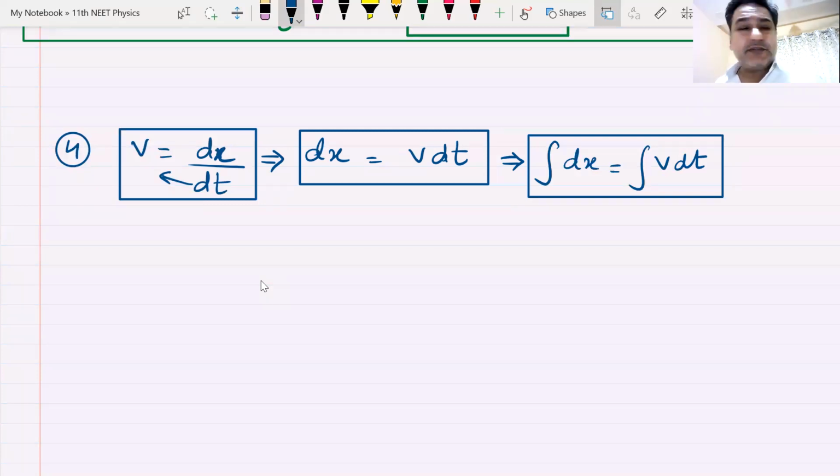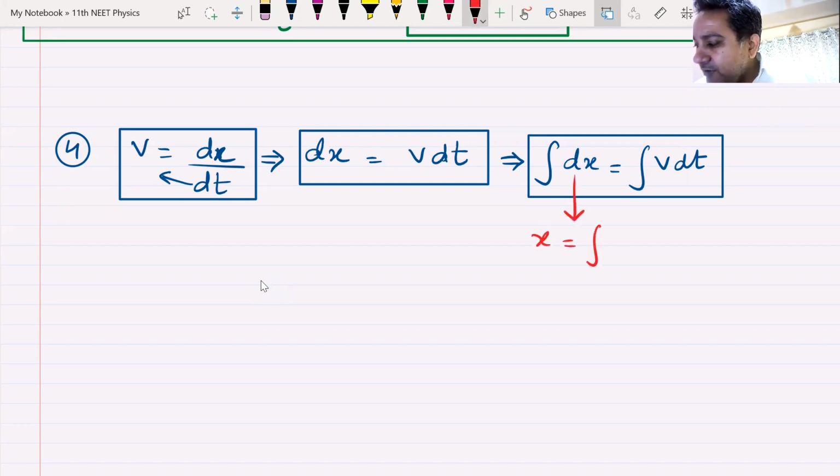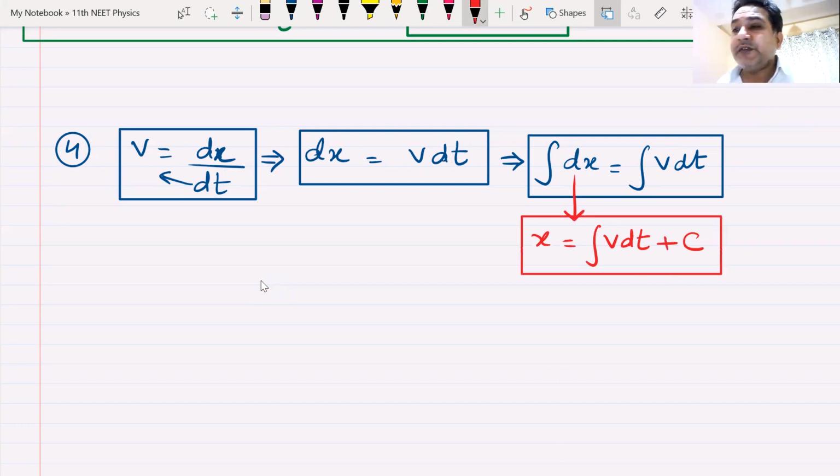When I integrate this, what will I get? I will get x on this side. Here it will be integral of v dt. We have to calculate this integral, plus a constant term will come and we will get the value of x from the value of v.